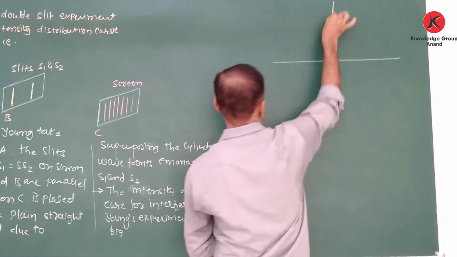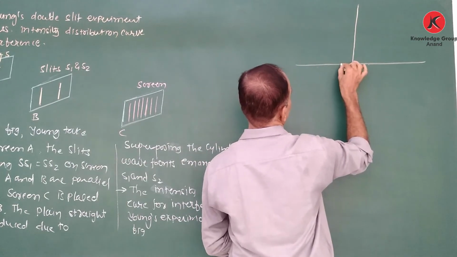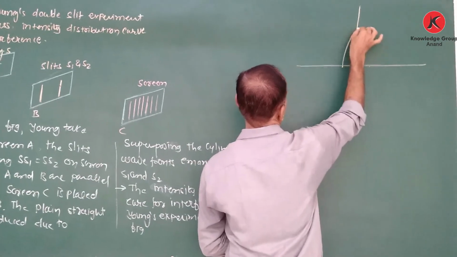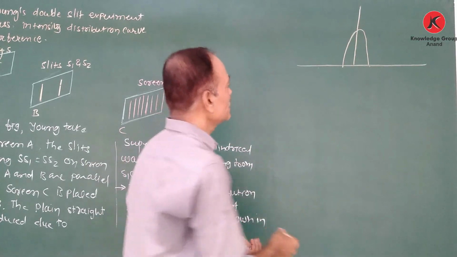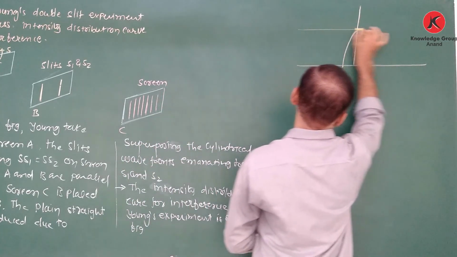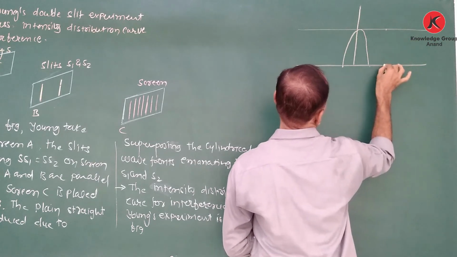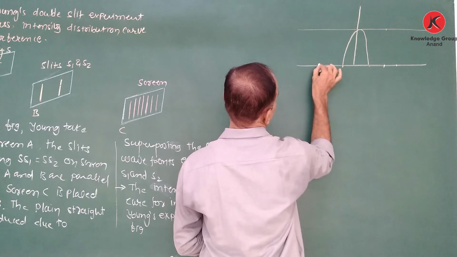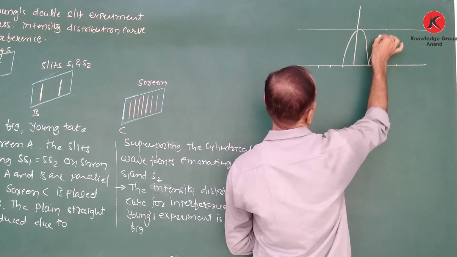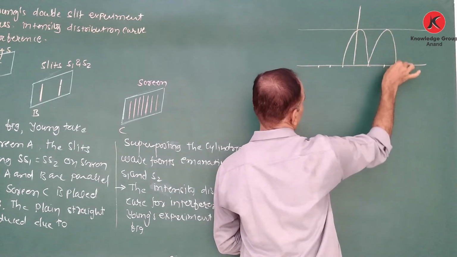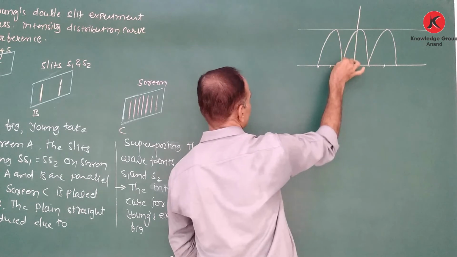So there is the central bright fringe. After that, the first order bright fringes on either side of the central fringe.